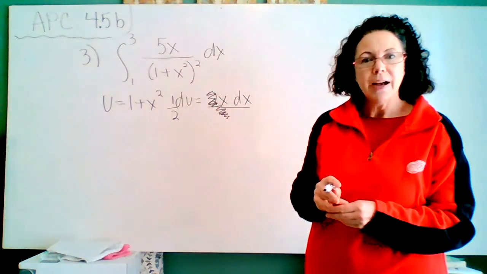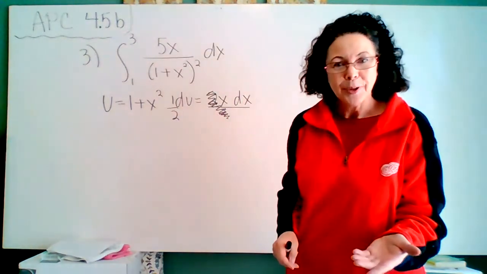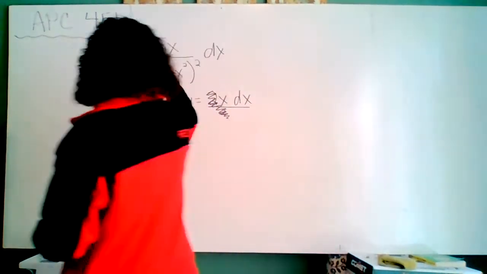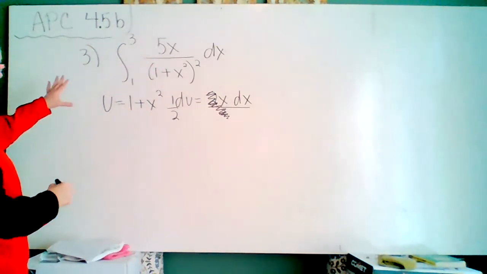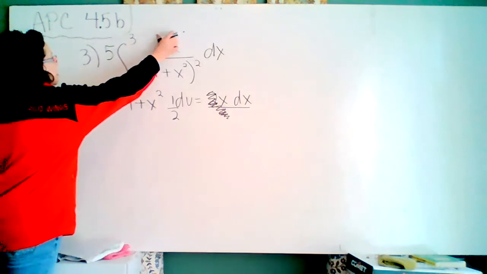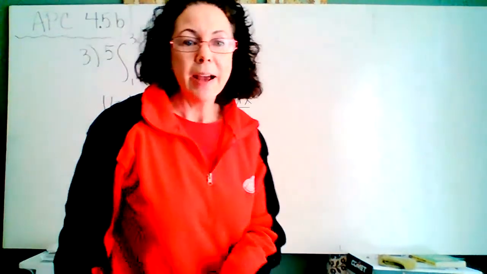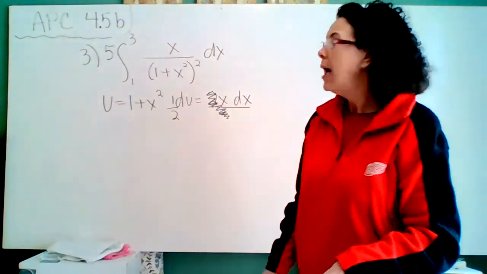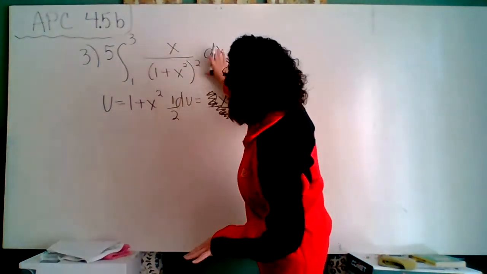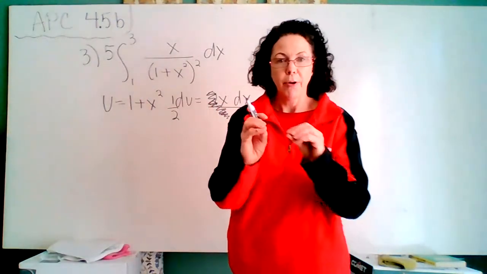Not happy about that 5 being there. I don't see it here, but I know what to do. I know that this expression that I have here is the same as this expression. I can move the constant to the outside. You don't have to. You'll get the right answer anyway. I just like the substitution of my expression of the integrand to be perfect.